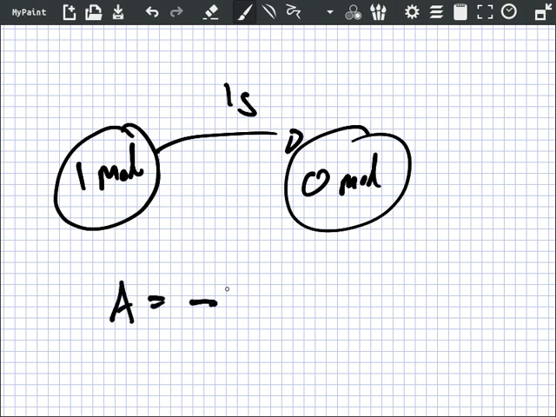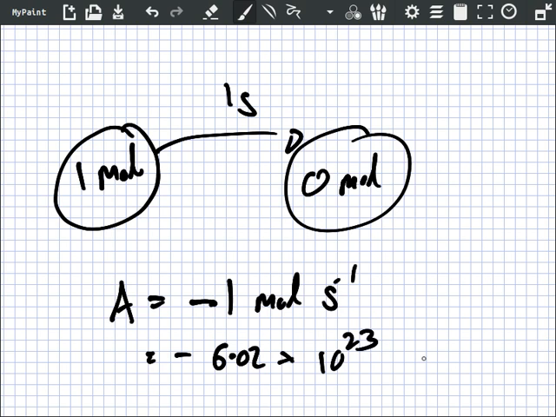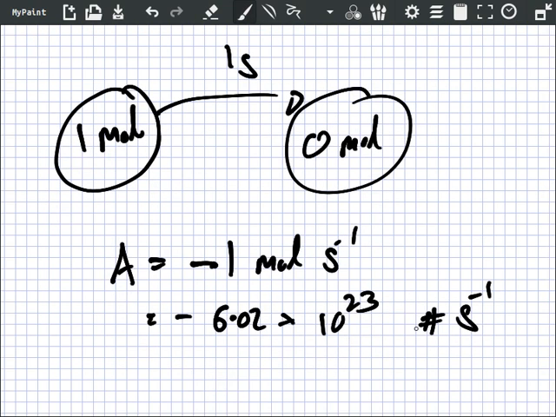It's minus 1 mole per second, which is minus 6.02 times 10 to the 23 isotopes per second, which we call a Bq, becquerel. So the activity is minus 6.02 times 10 to the 23 Bq. Does that make sense?